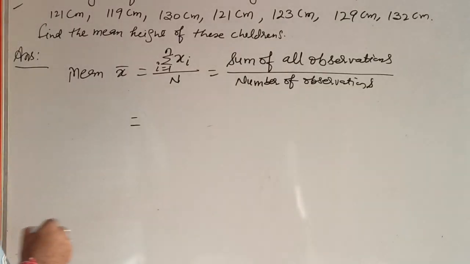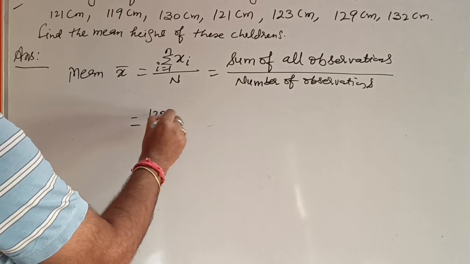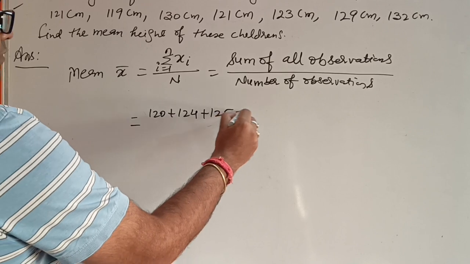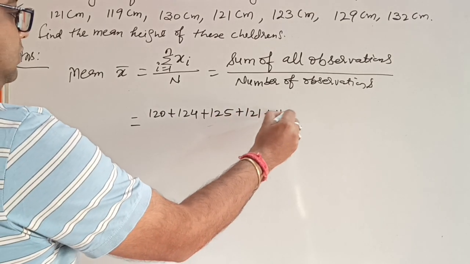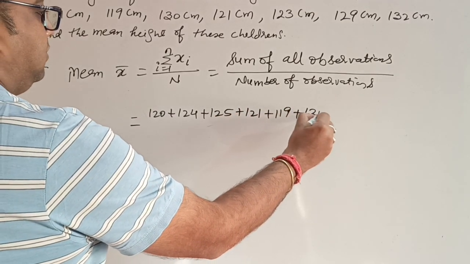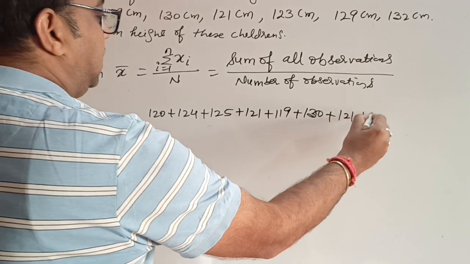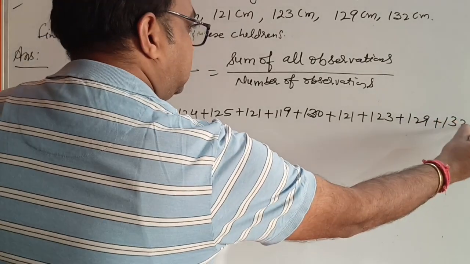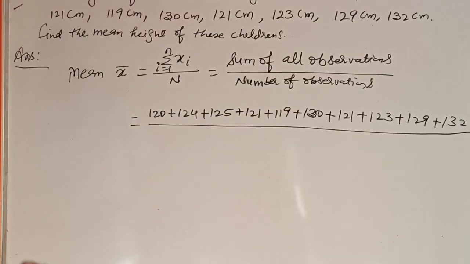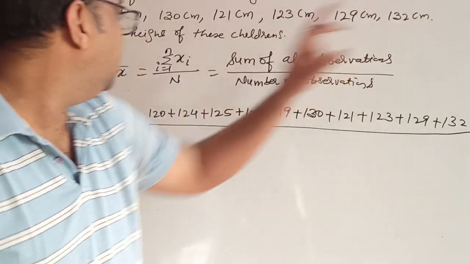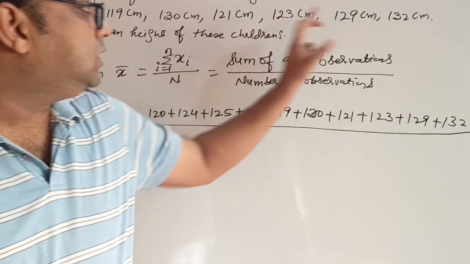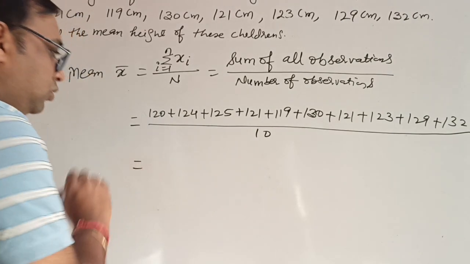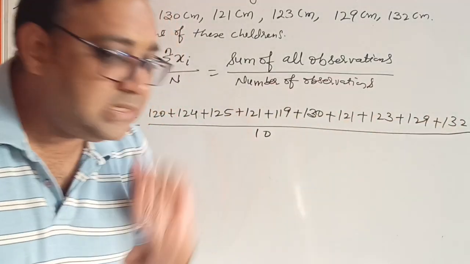So it is equal to 120 plus 124 plus 125 plus 121 plus 119 plus 130 plus 121 plus 123 plus 129 plus 132 upon the number of observations, which are 1, 2, 3, 4, 5, 6, 7, 8, 9, 10. So 10 is the number of observations. So add all these data.